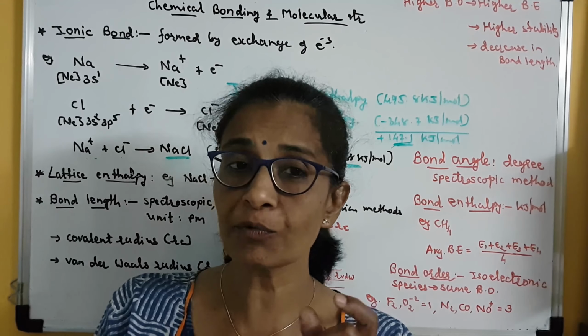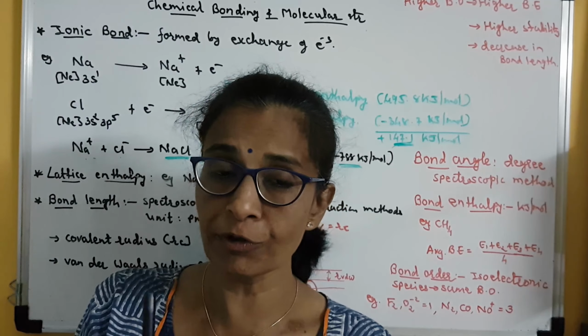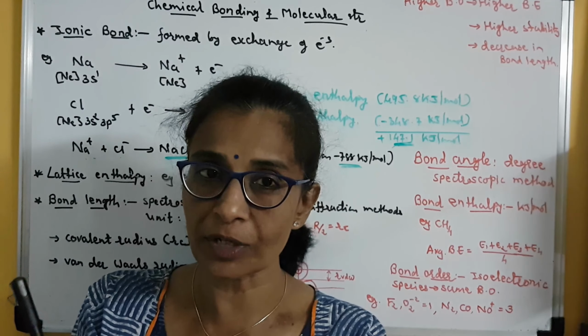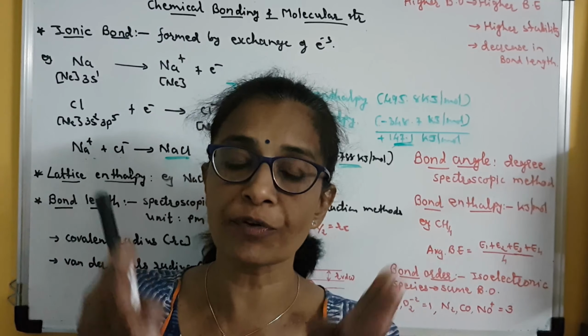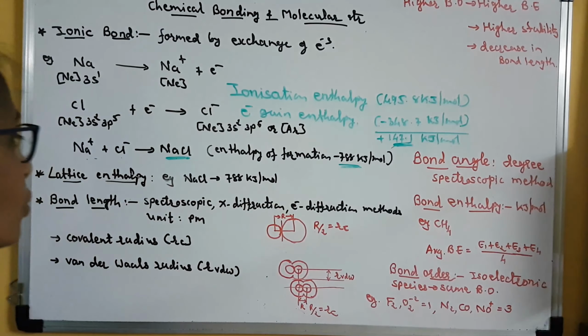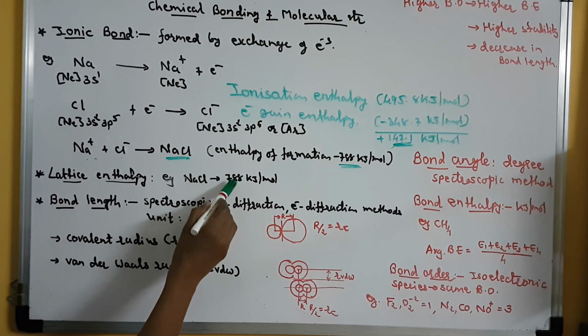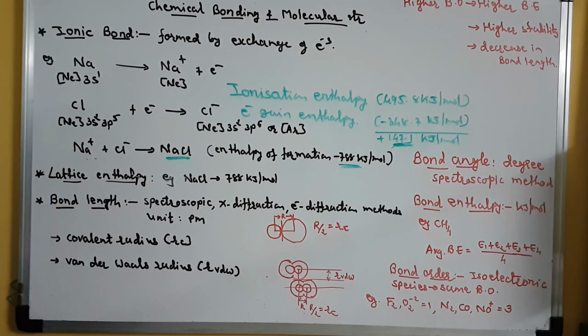So if we take 1 mole of ionic solid and want to separate the ions present in it, then the amount of energy required is known as lattice enthalpy. So for NaCl, lattice enthalpy is 788 kilojoule per mole.